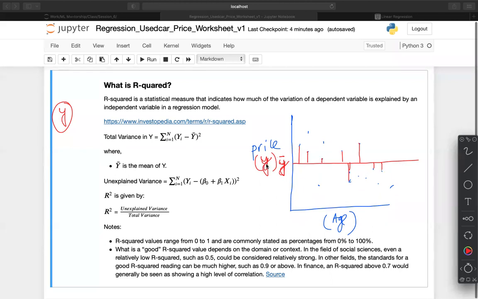Now if you bring that information of age, how much of these variations in the Y, the change in the price, can be explained through the age parameter? And then what we do is we build a model like this, and we calculate the error from the model, and see, by bringing age as a variable, how much of the total variance in the Y can be explained by this particular model.